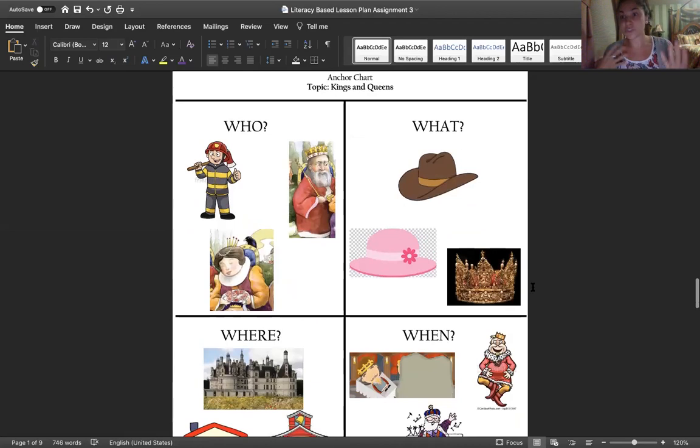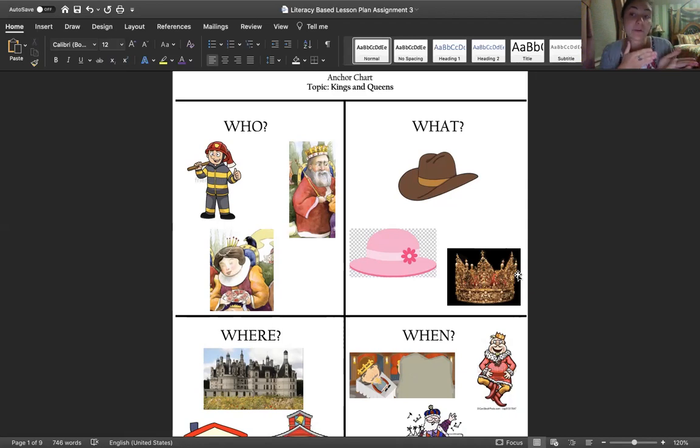What do kings and queens wear on their head? Do they wear a pretty hat, a cowboy hat, or a crown? And this is, again, reinforcing vocabulary that I mentioned before. I didn't put crown up in the vocabulary cards, but there is a vocabulary card with crown that I would use. So we went over vocabulary before, and they heard it in the book.